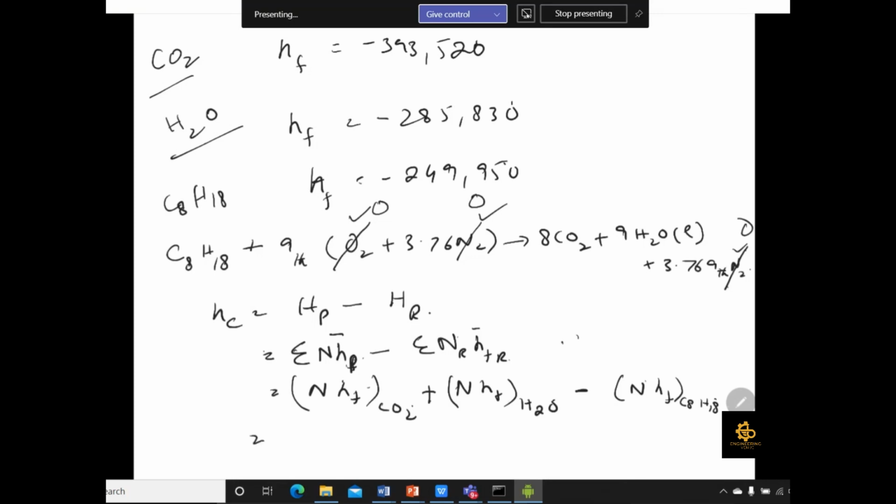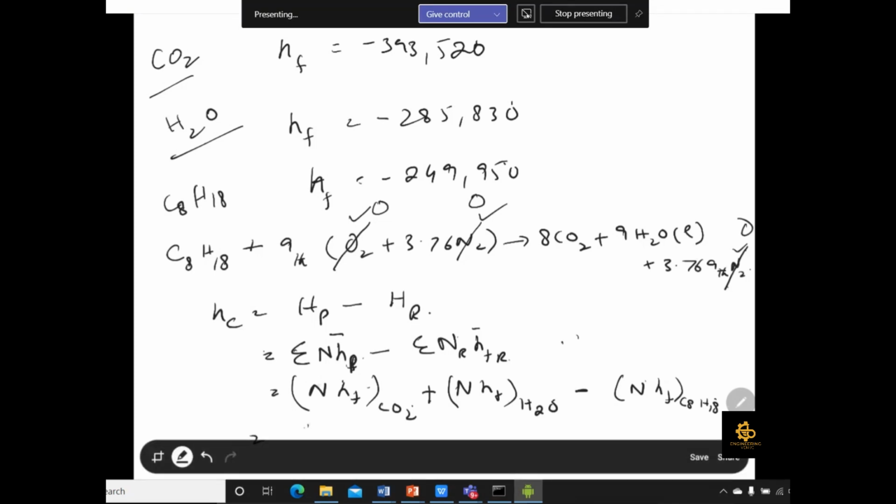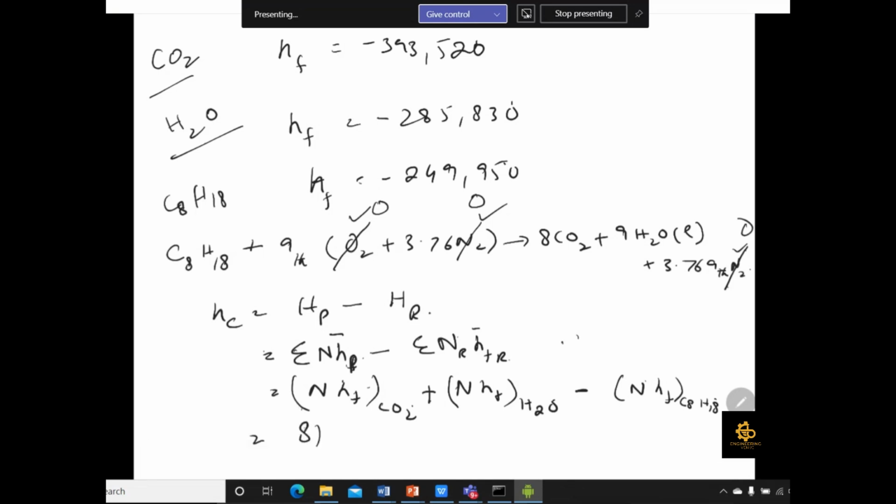Now simply you have to multiply the number of moles. The number of moles is 8 for CO2, and the enthalpy of formation of CO2 is minus 393,520, which comes from the thermodynamic table. Number of moles of H2O is 9, and the enthalpy of formation for H2O is minus 285,830.